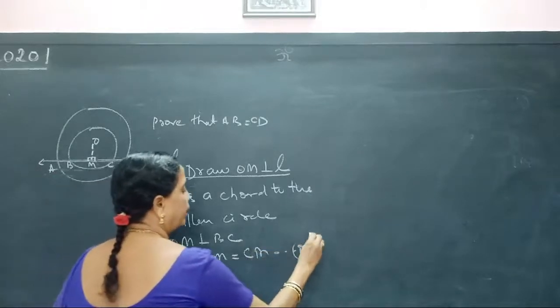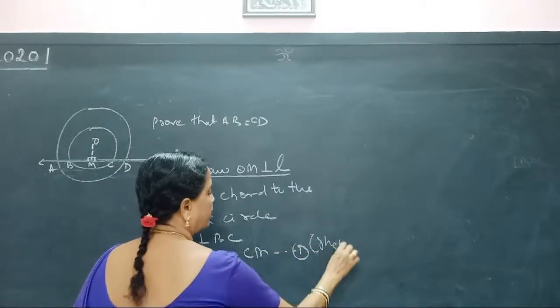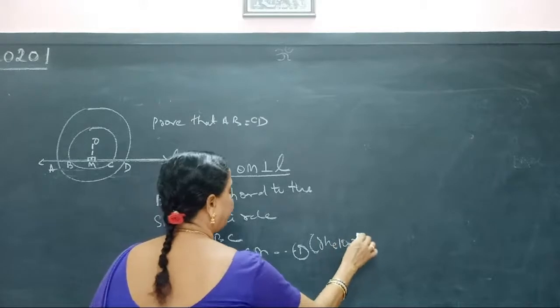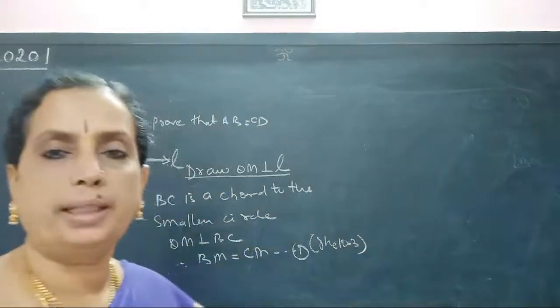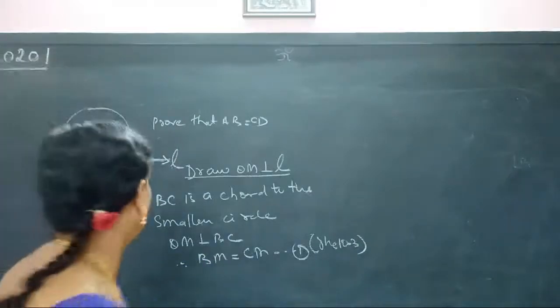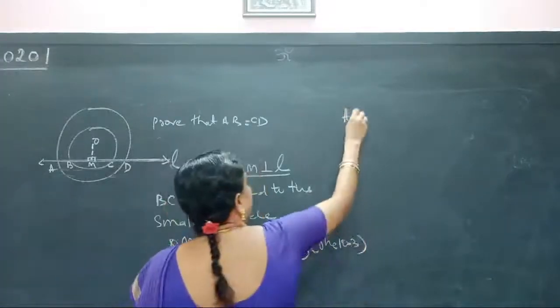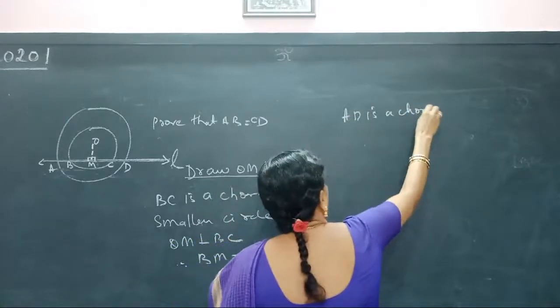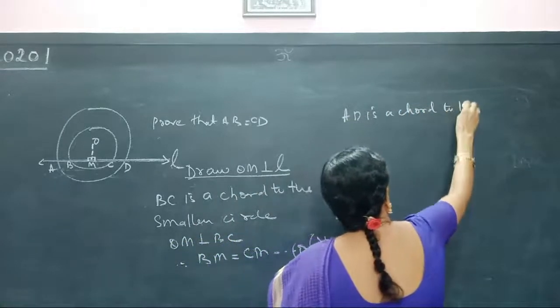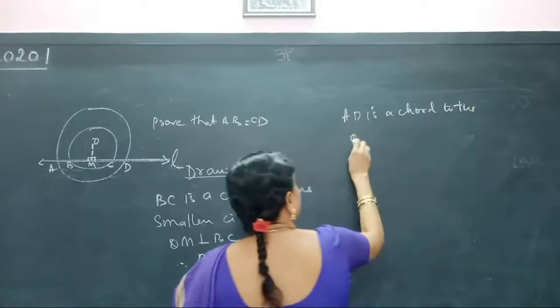I will write here according to theorem 10.3, that is perpendicular line from the center bisects the chord. Next, AD is a chord to the outer circle.